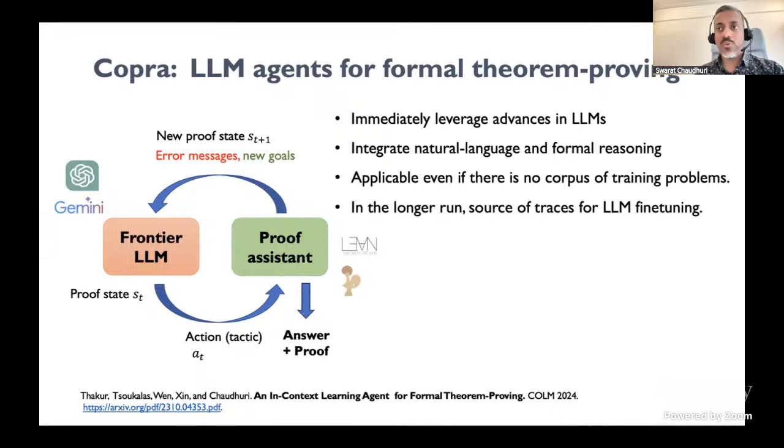However, the difference is that while AlphaProof does this sort of advanced reinforcement learning for training, here you're just taking an LLM agent approach where you have a frontier LLM, and the frontier LLM is being provided the proof state and some information from the history of the search so far. And then it is making a prediction as to what's the next step that you should take. And then you are taking that step and executing it, and you are getting back a new state of the proof. And then this process is continuing, right?